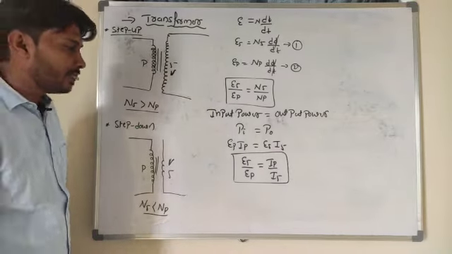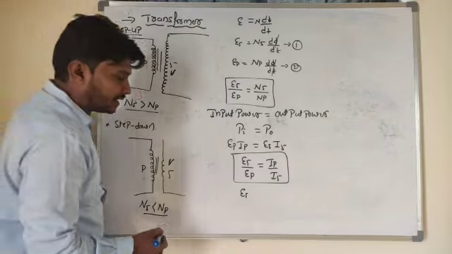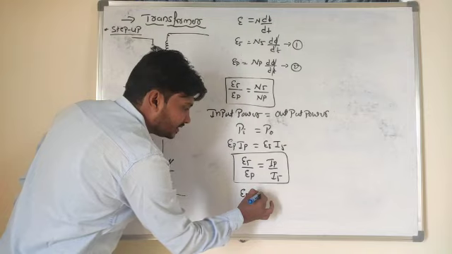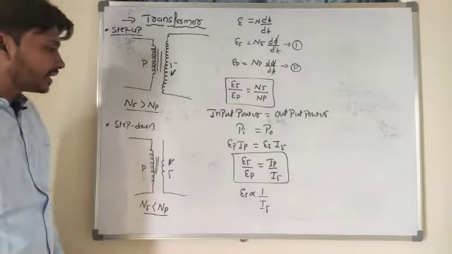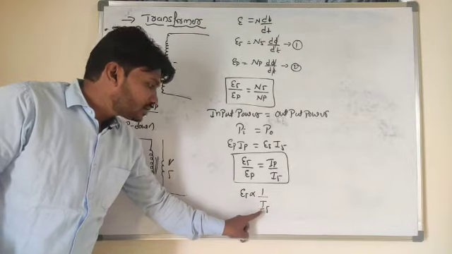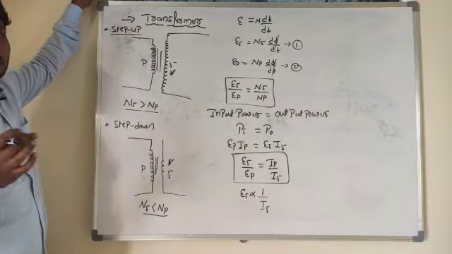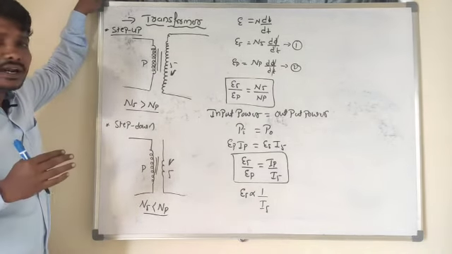So what it means here is that in case of that transformer, the EMF in the secondary coil is inversely proportional to the current in the secondary coil. So current and EMF are inversely proportional. In case of a step up transformer, it is used to increase the alternating voltage.